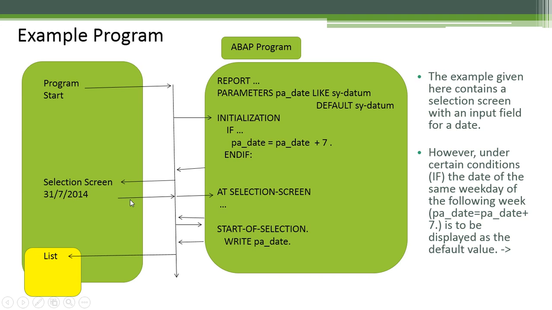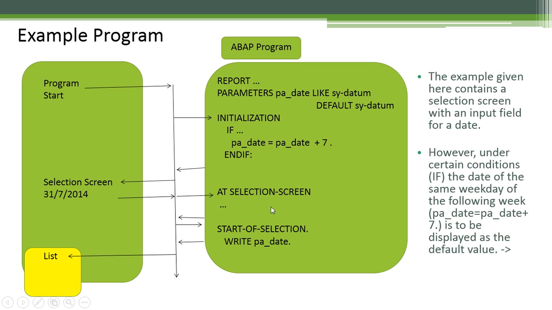Then when you press F8 or Execute, you trigger the AT SELECTION-SCREEN event and the control goes to the AT SELECTION-SCREEN event. Here you can write any processing block you need to do.